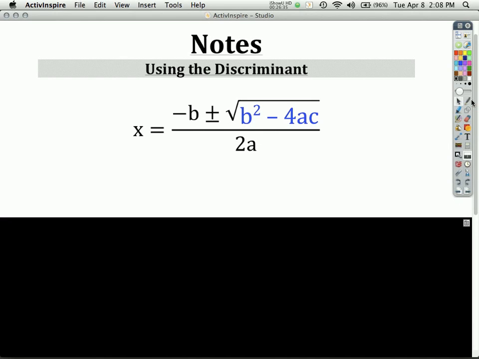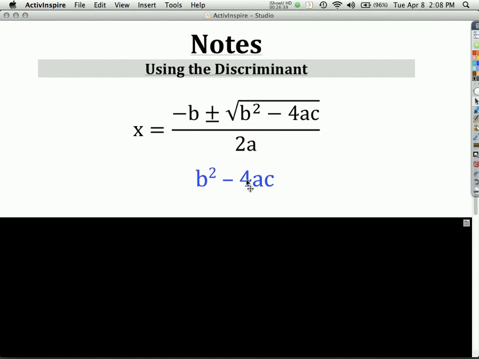So, when I ask you what is the discriminant or where would I find a discriminant, that is it. B squared minus 4ac. And it is the part inside the radical symbol in the quadratic formula. The value of it can actually tell us a lot about the graph without even having to do the graph.